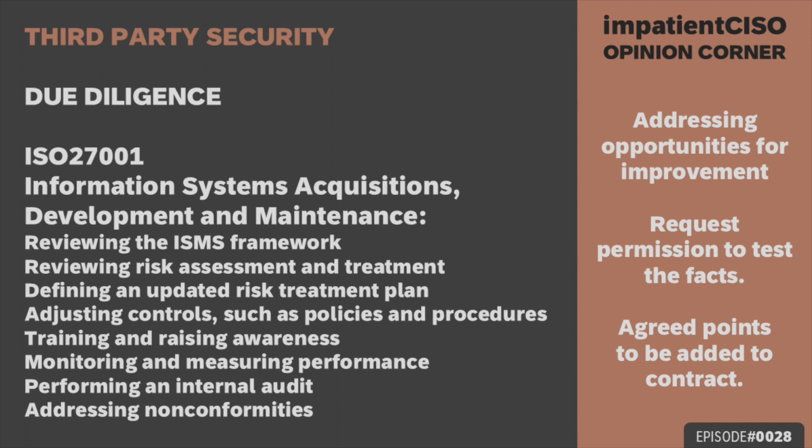We have a separate episode on this talking about due diligence. That's a good thing. If you look into one of the ISO 27001 categories, which is called Information Systems Acquisitions, Development, and Maintenance, that is the main category where you can find a good blueprint how to assess that business partner you're dealing with, especially in terms of IT.